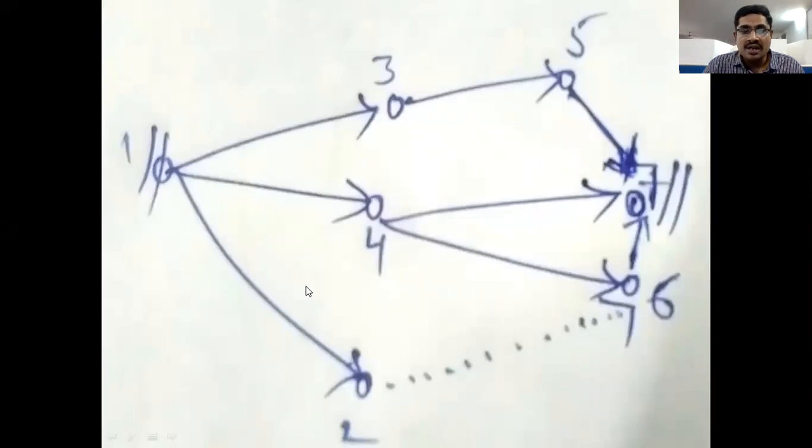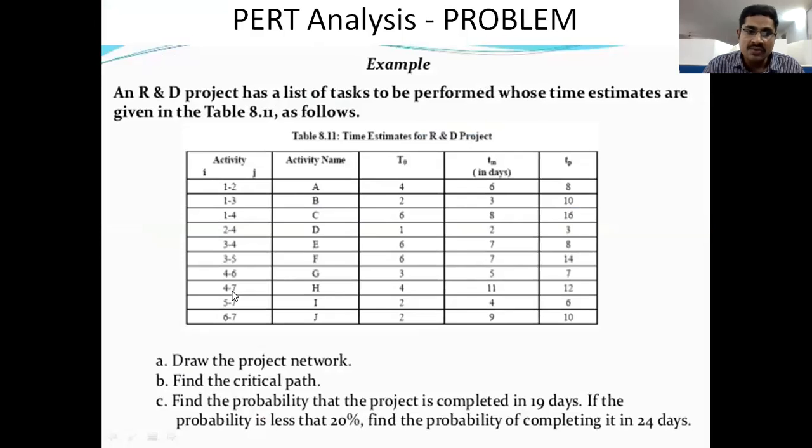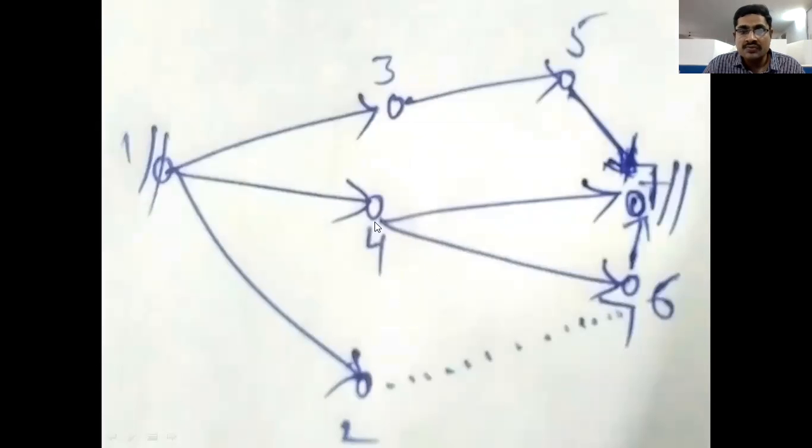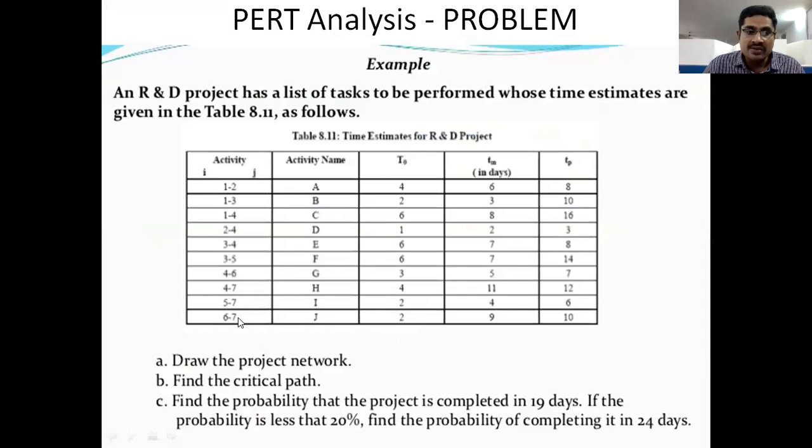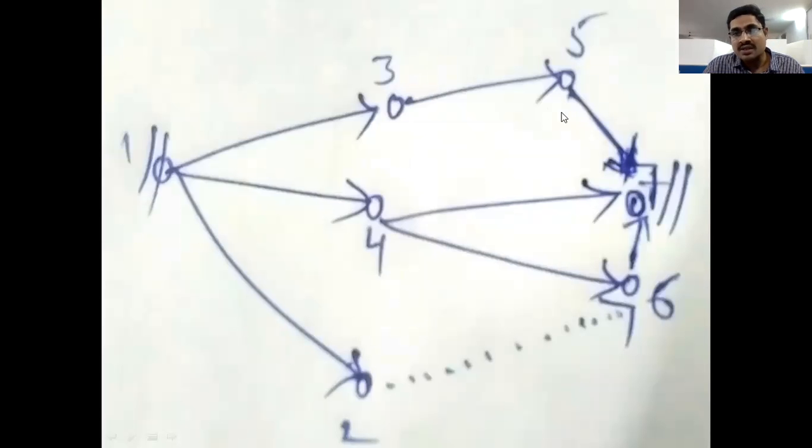Next, 4 to 7. This is the 4 and this is 7, connecting these two using this arrow. Next, 5 to 7 and finally 6 to 7. So the 5th activity, 5 to 7 and 6 to 7, connecting these with the 7th activity, right?